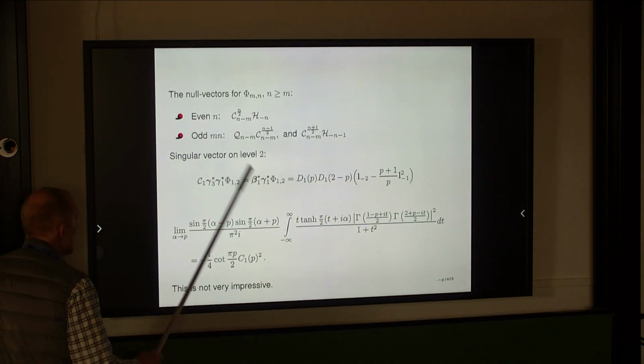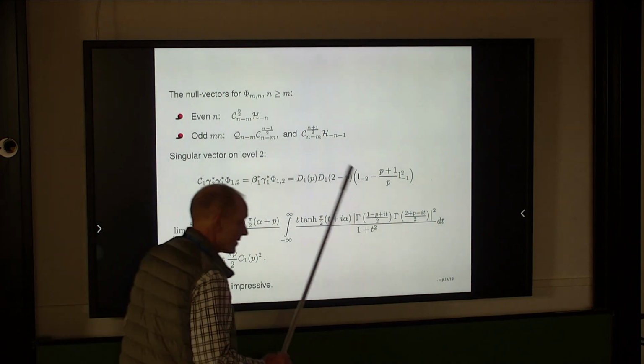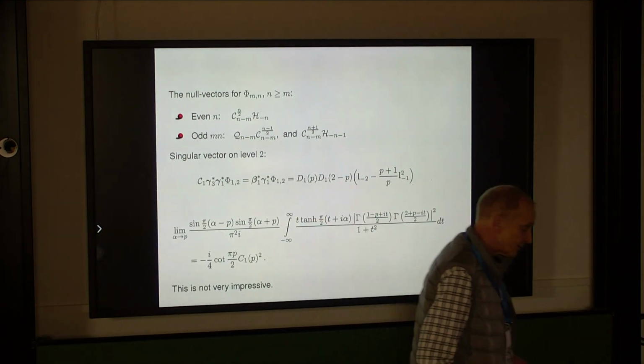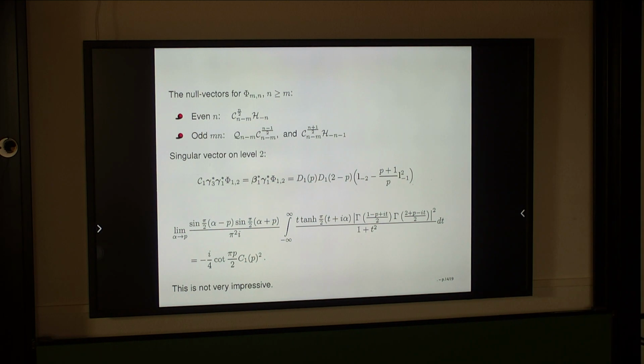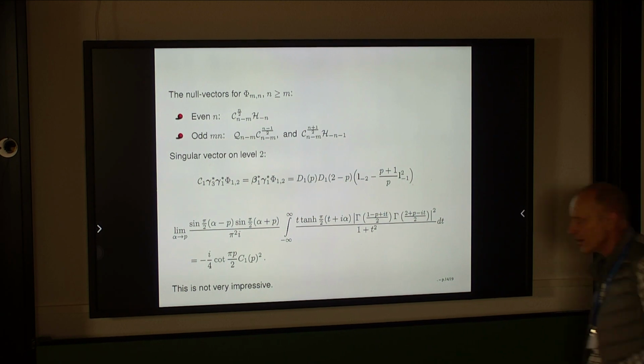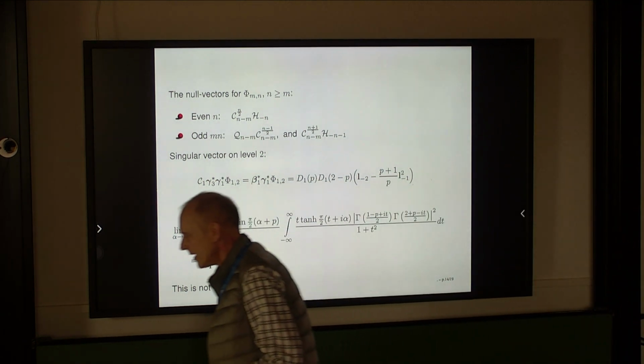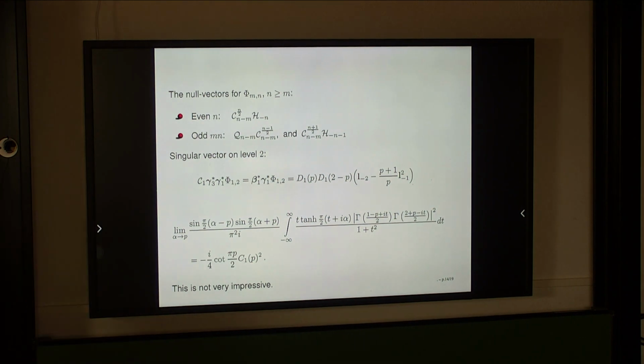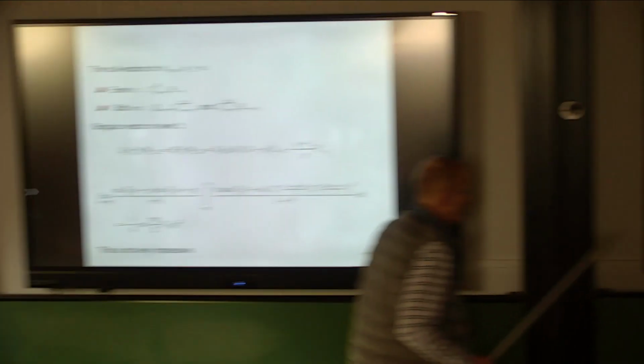There is another null vector, and all this story together goes under the name of quantum Riemann-Hilbert identity, but this I will not explain at all.